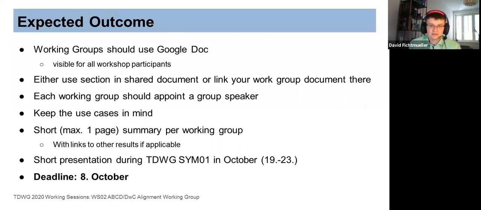We decided on the 8th of October, so that is in a little over 2 weeks. I know this is a really rough timeline, and if for some reason your particular group is not able to hold this, then just send me an email. But we would like to have some results of the working groups by then, so that we can start planning the symposium in October.